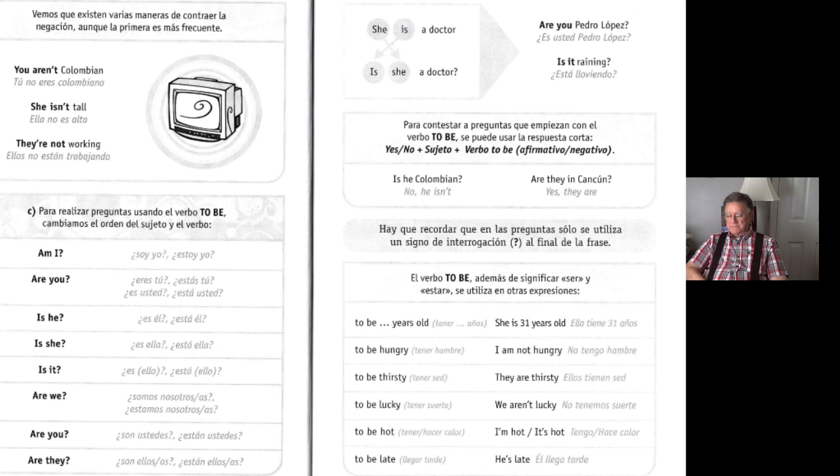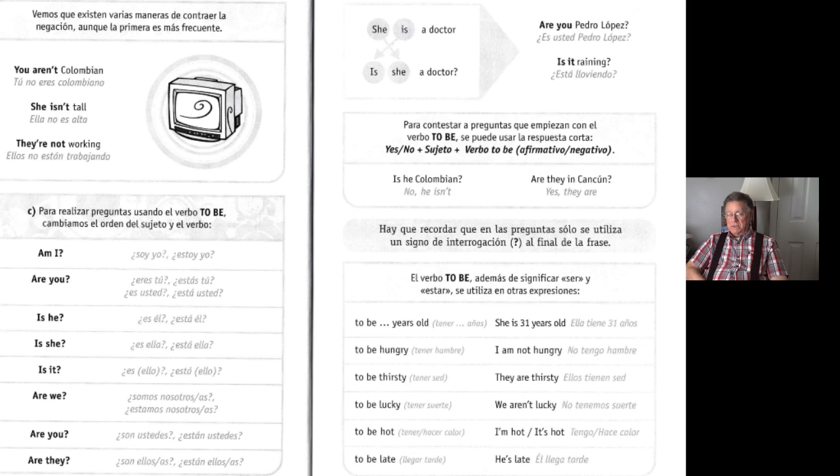To be late. Llegar tarde, to be late. He's late. She's late. She is late. I am late. I'm late.